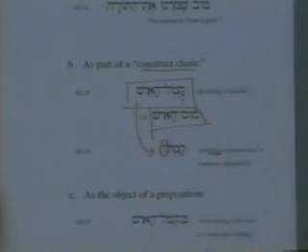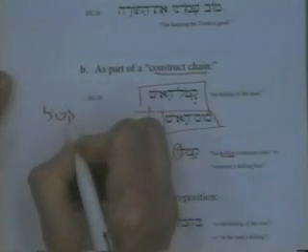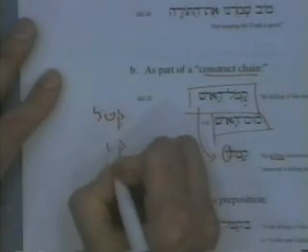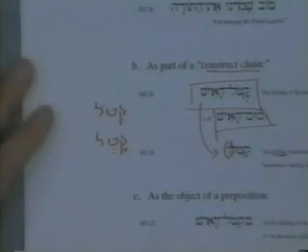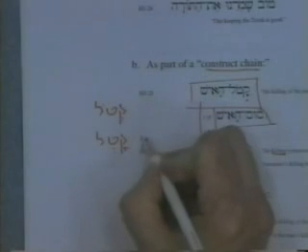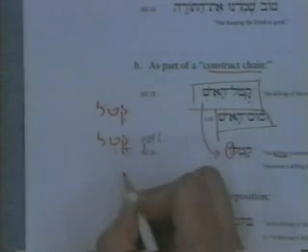And again, to review a piece from this morning, notice the shift from the infinitive construct regular form of katol to the so-called kutl base that appears when we add pronominal suffixes. And you get this kutl form with kametz katuf there. All right, do you see this?